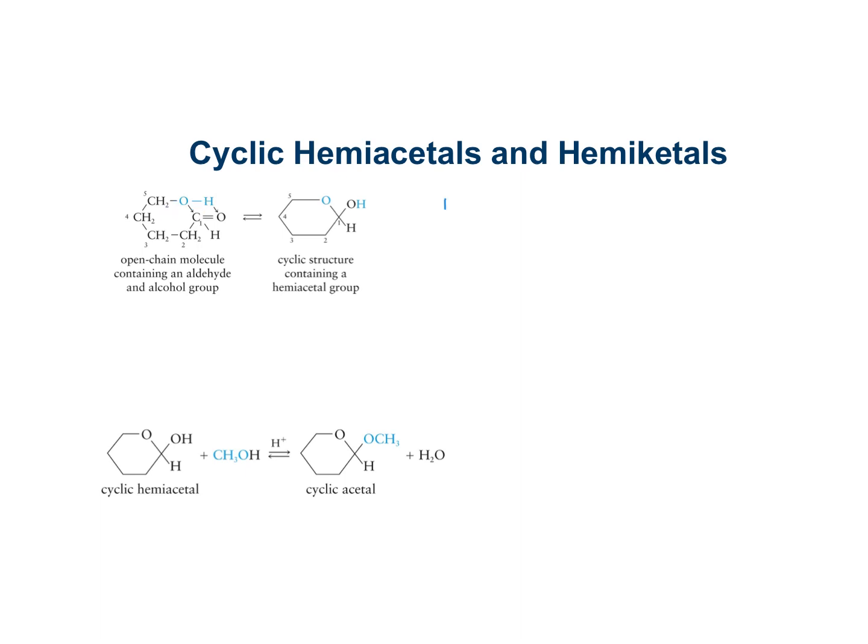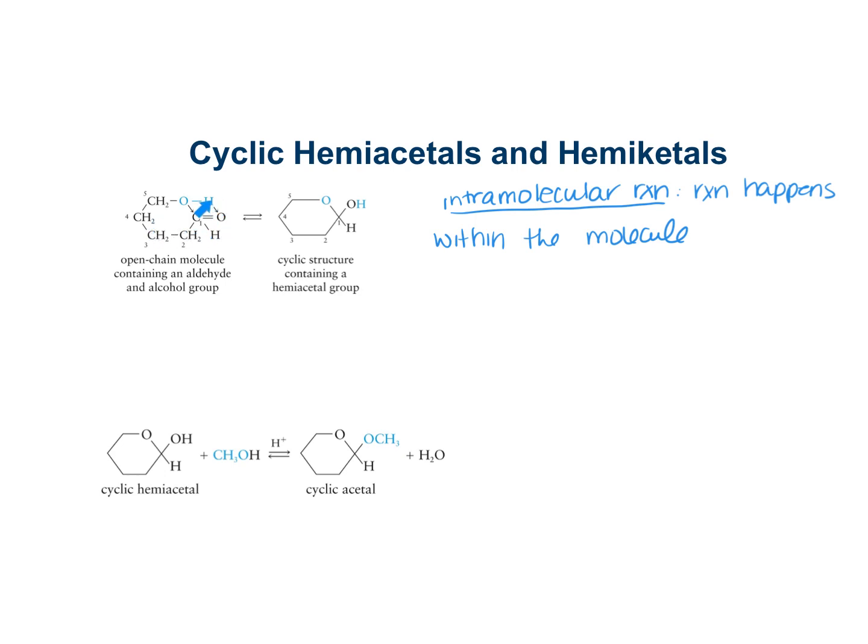And an intramolecular reaction just means that the reaction happens within the molecule. And so when this happens, that's where you would get a cyclic hemiacetal or a hemiketal formed.